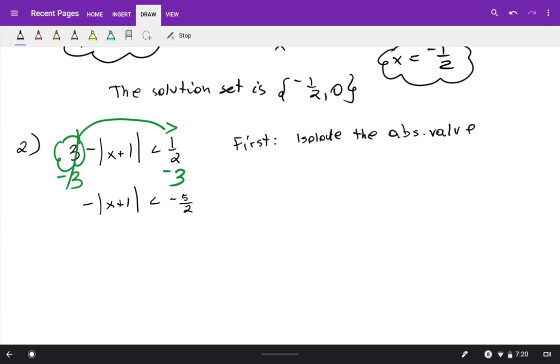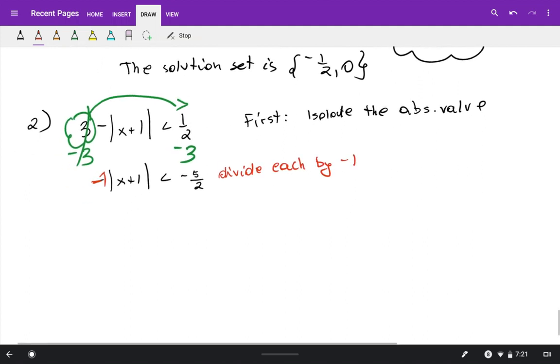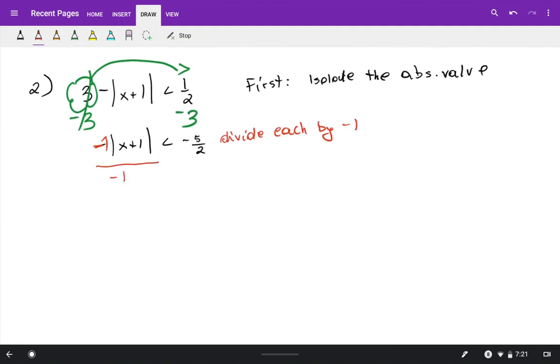Now again, we still have to isolate the absolute value. That minus means that you have -1 in front of the absolute value. So I'm dividing each side by -1. Cancel, cancel.